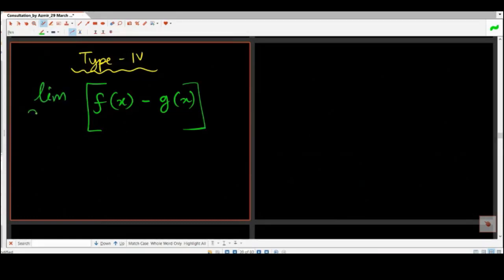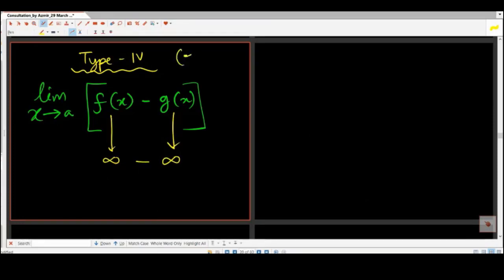So if we target finding the limiting value of this function, then we may have infinity, negative infinity. That is, the first function initially may give us infinity, the second function may give us infinity. So this is of type 4.